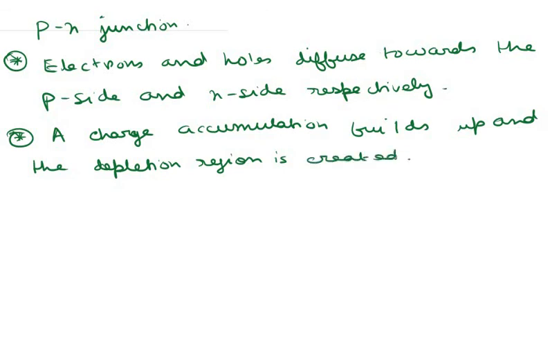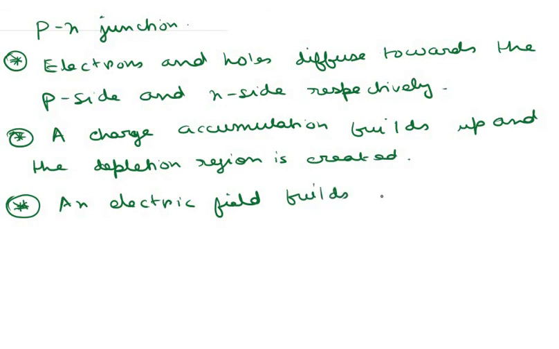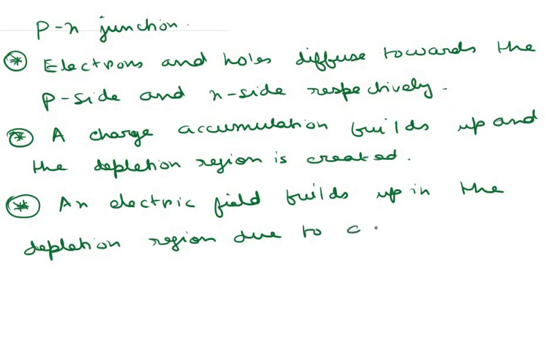Now I repeat that this depletion region is void of any mobile carrier, so there are no electrons or holes in the depletion region. The third thing that happens is an electric field builds up in the depletion region due to accumulation of space charge.